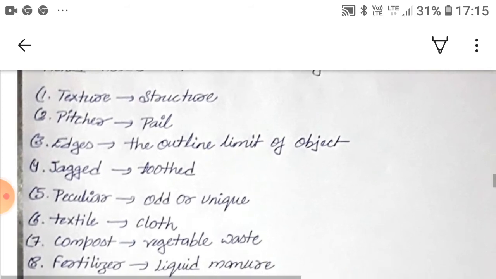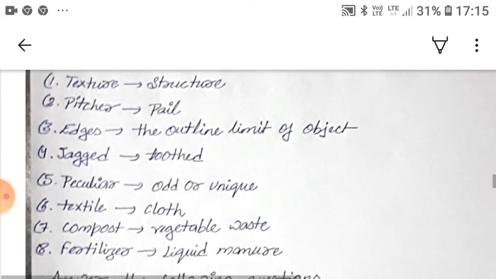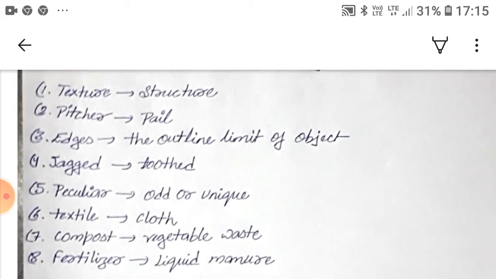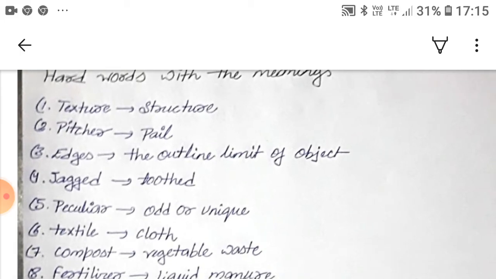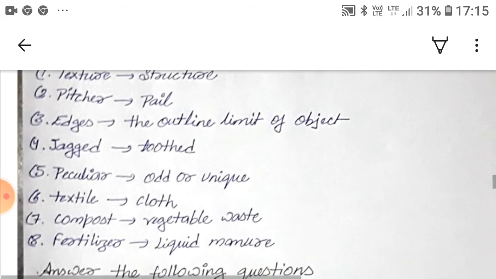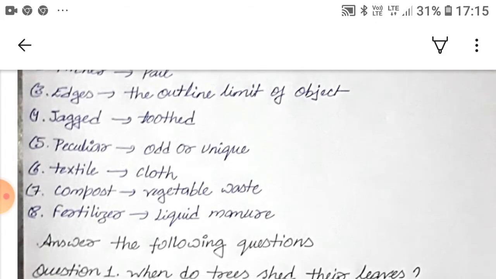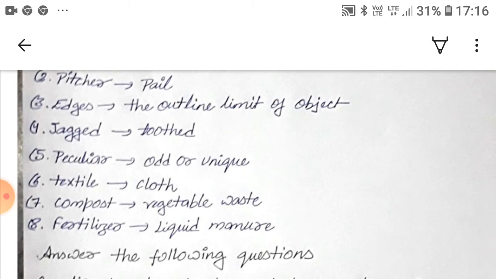So first is texture means structure. Spelling of texture, and spelling of structure. Second, pitcher means pale. Third, edges means the outline limit of object.